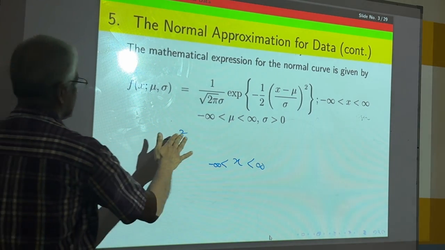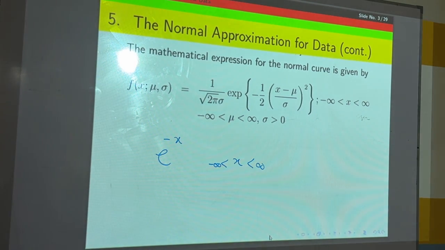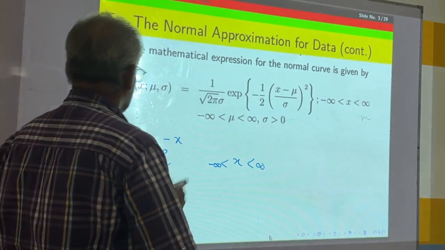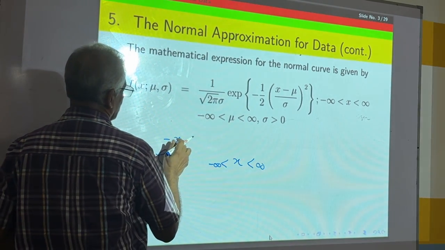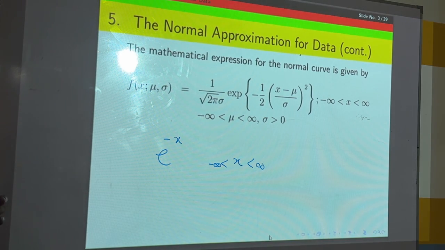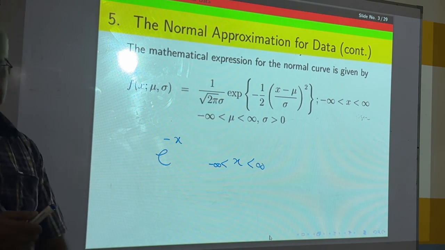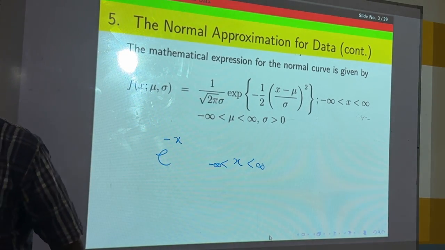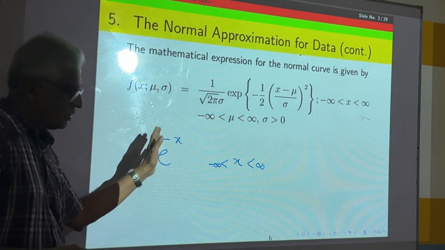If you have only this, yeah, it's a very rapidly decreasing function. So in that case, x goes from negative infinity to positive infinity. When x is positive, it is decreasing.